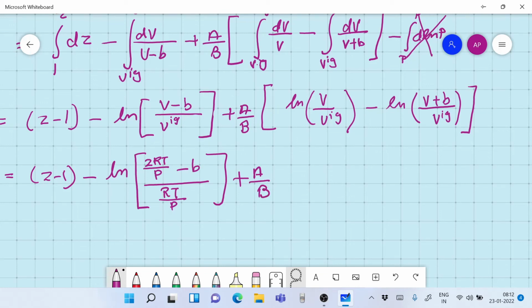Now, the lower limit, that is v ideal gas, will get cancelled here, and you get this expression as ln of v over v plus b.